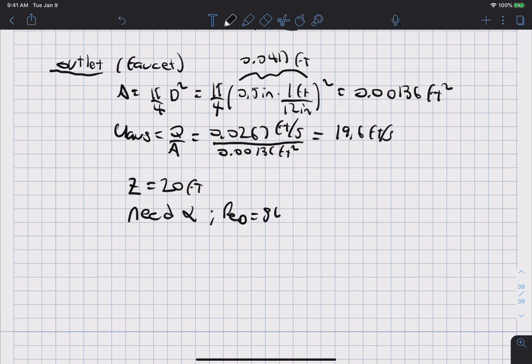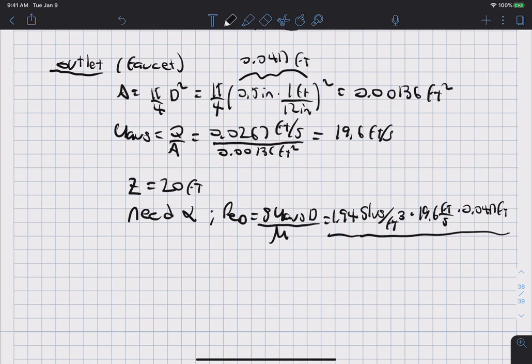So Re_D equals rho U average D over mu, and that equals 1.94 slugs per cubic foot times the average velocity here, 19.6 feet per second, times the diameter, 0.0417 feet, divided by the viscosity, which is 2.34 times 10 to the minus 5 pound force second per foot squared, times 1 pound force is a slug feet per second squared.